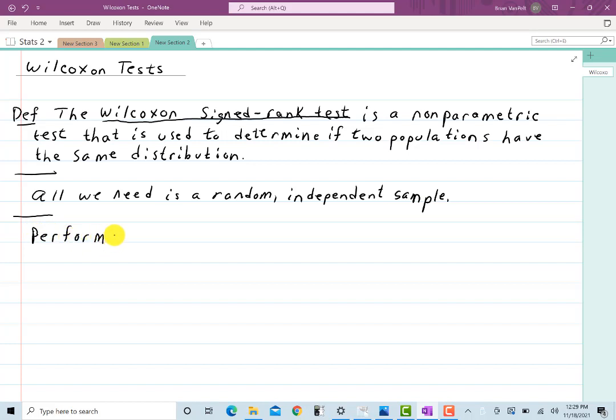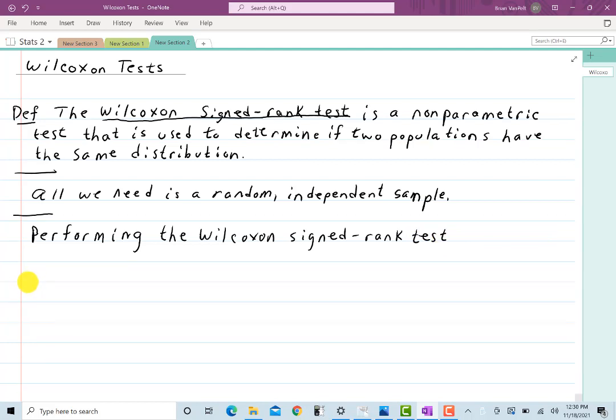So let's go over the steps performing the Wilcoxon signed rank test.